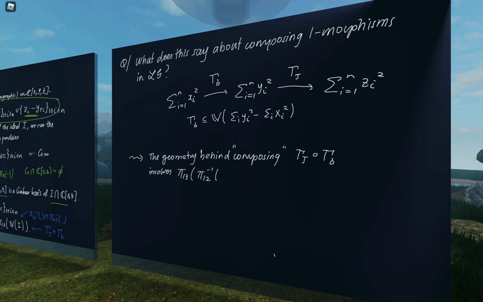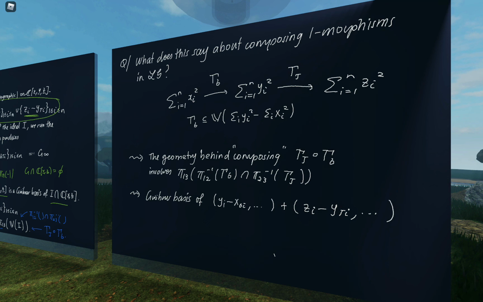It's an image of an intersection, and the way we thought about it was in terms of a Gröbner basis of taking the defining equations of those two ideals, so that was the y_i's and the z_i's, adding them, computing a Gröbner basis, and then intersecting this with the outside variables.